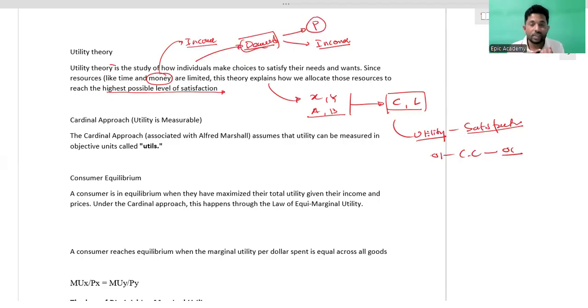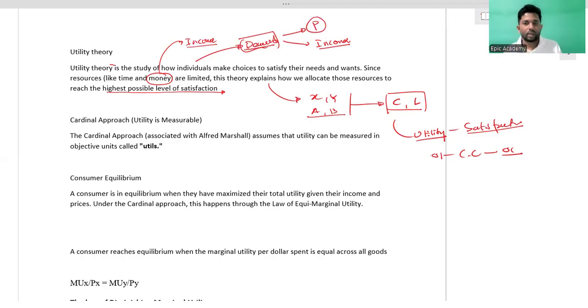But in the cardinal approach methodology, it says that you can measure, you can count that level of utility. That is why we can calculate it. If we are unable to understand the level, or unable to measure it, we can't calculate anything.